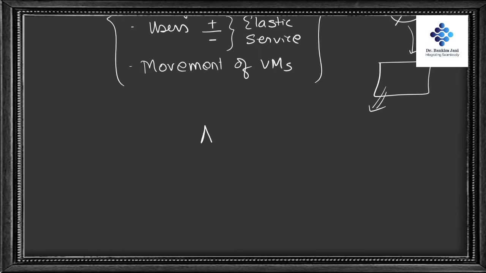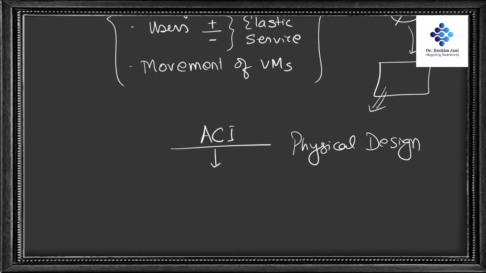For this ACI, they said how the physical design should be. Whenever we go for this ACI, application centric infrastructure, the physical design would be a spine and leaf design.